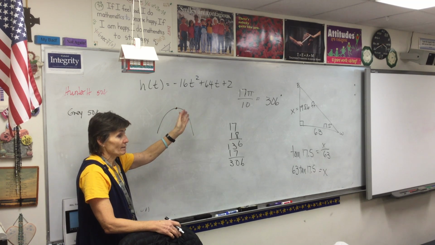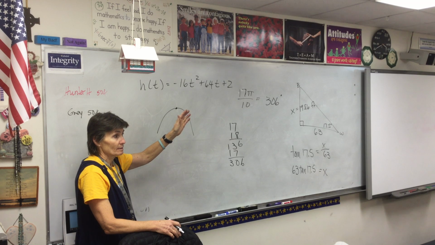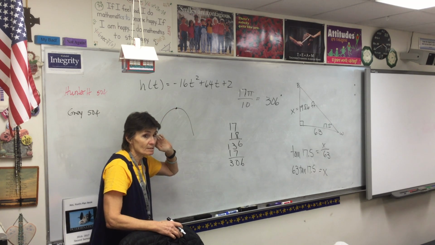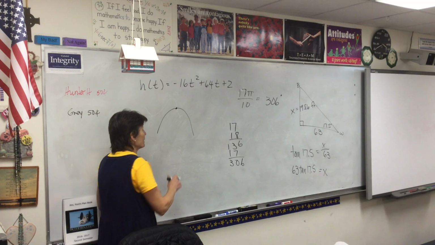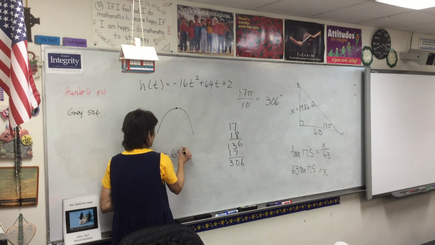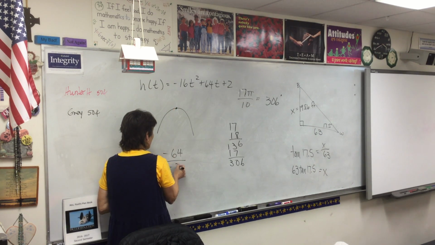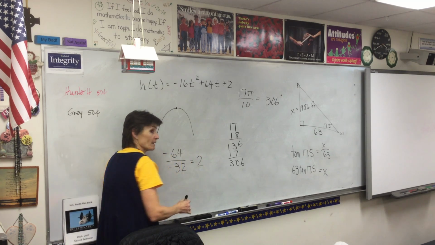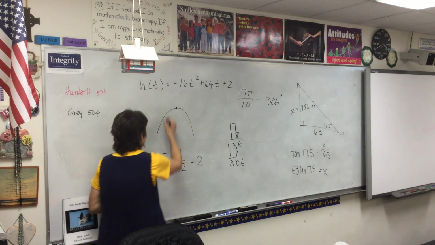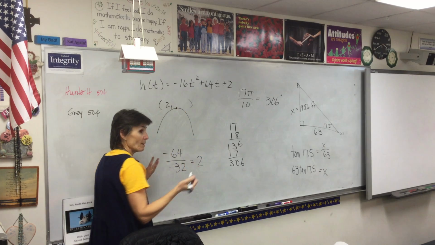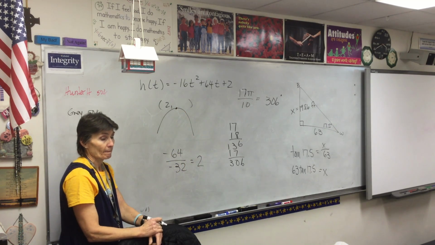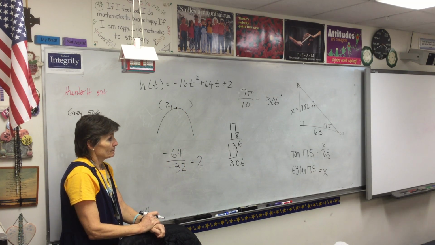And the easiest way to find the vertex is to use our formula, which is negative b over 2a. So I got 2. So this is the point 2 comma something. You with me, gang?